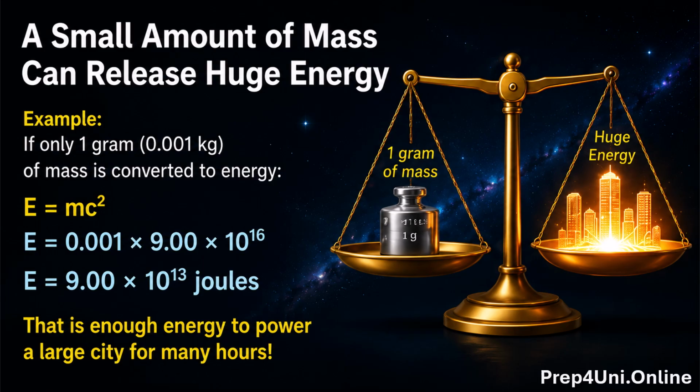This is why nuclear processes are much more energy-dense than ordinary chemical reactions. Chemical reactions rearrange electrons and bonds. Nuclear reactions involve changes inside atomic nuclei. A tiny loss of mass can become a powerful release of energy.